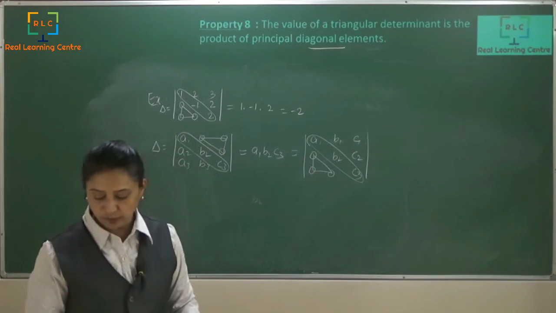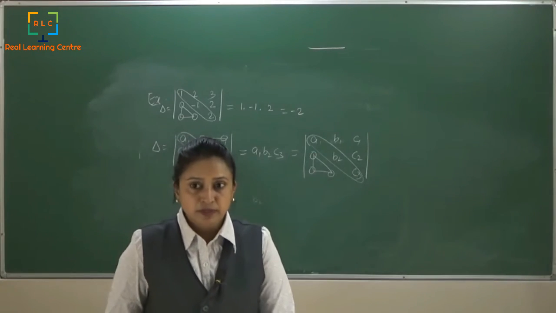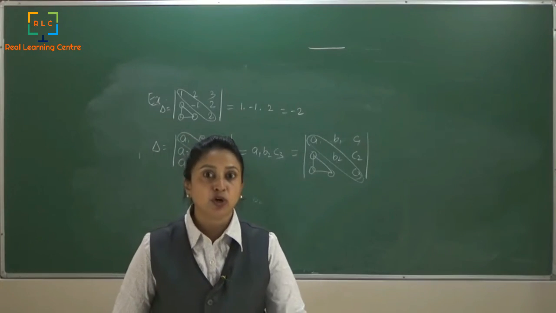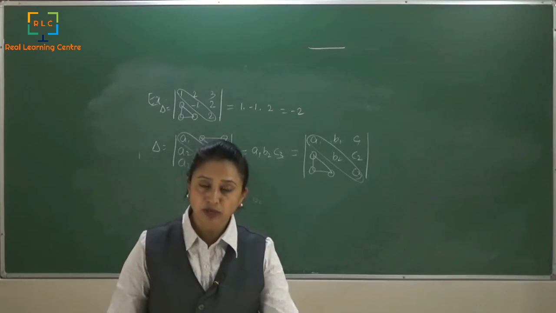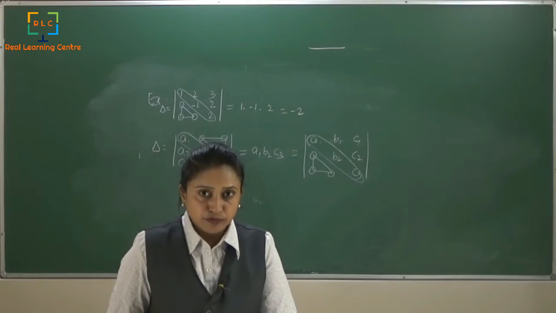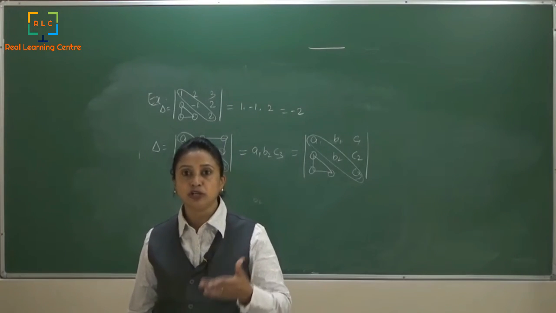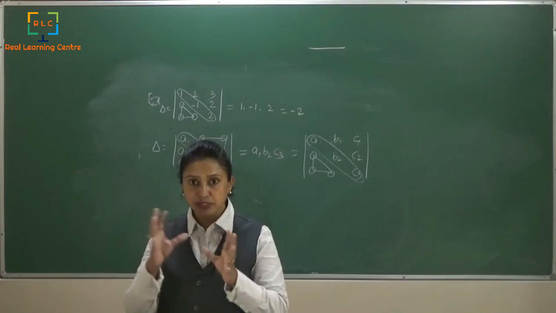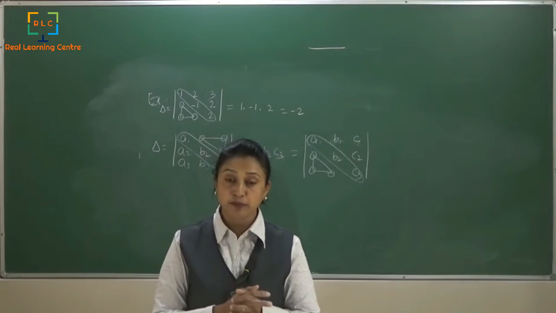Okay, these were all the properties, and after this, in the next session, we are going to learn the problems based on all these properties, and they are very, very interesting. Whatever exercise we are now going to do will be very important for your board examination as well as your JEE examination. You should learn to tackle the transformations which come in determinant problems.